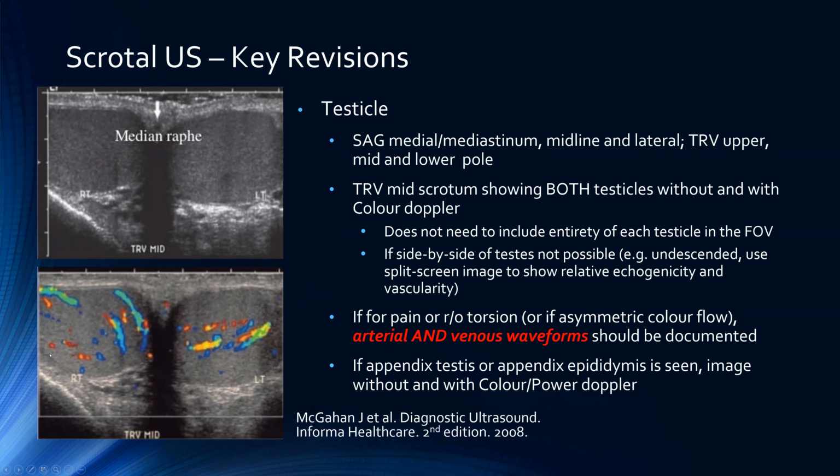It doesn't need to include the entirety of both testes, and it's going to be difficult to capture both of those on a single image in some cases. So really just some image including a reasonable portion of each of those testicles in grayscale and color.